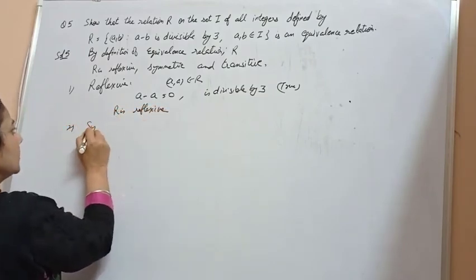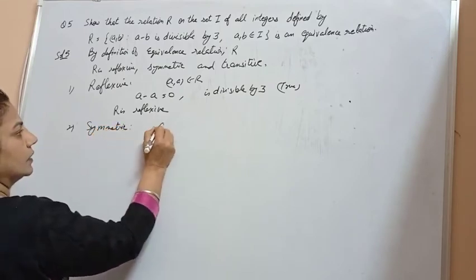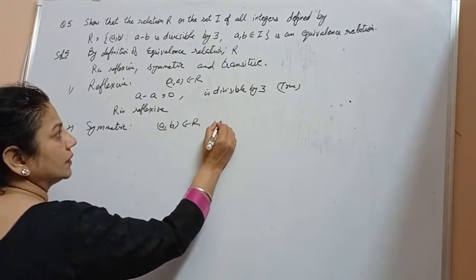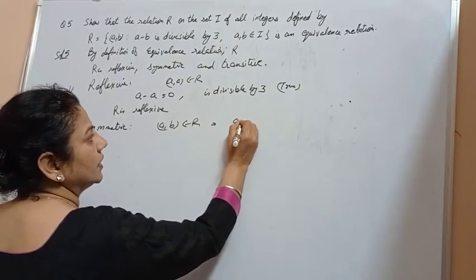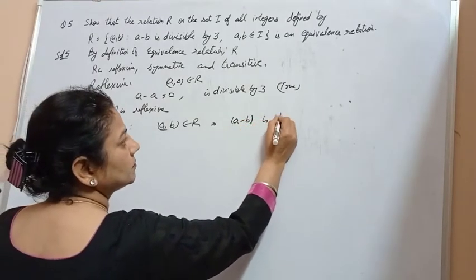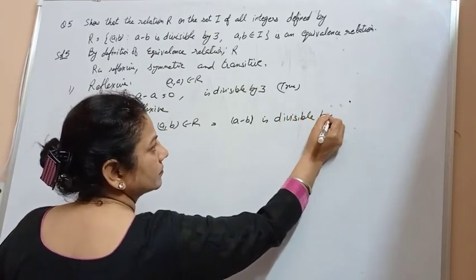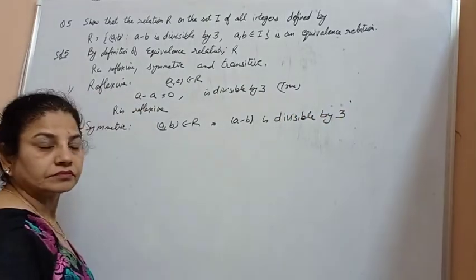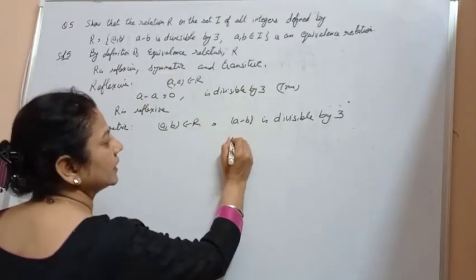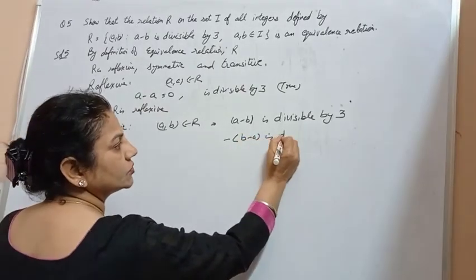For symmetric, (A, B) belongs to R. That means according to this relation, A minus B is divisible by 3. This implies if I take minus common, B minus A is also divisible by 3.